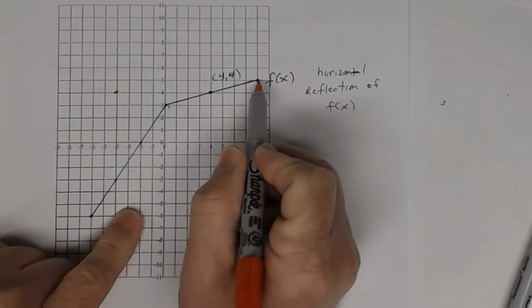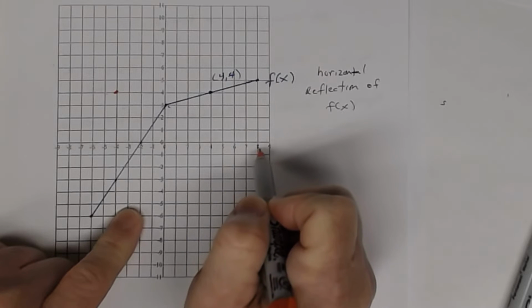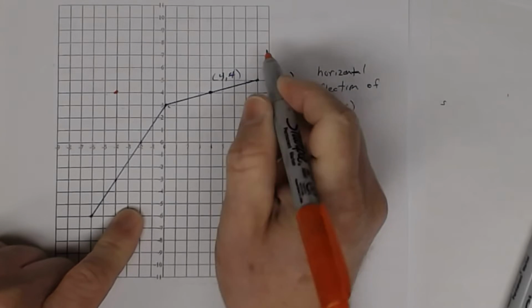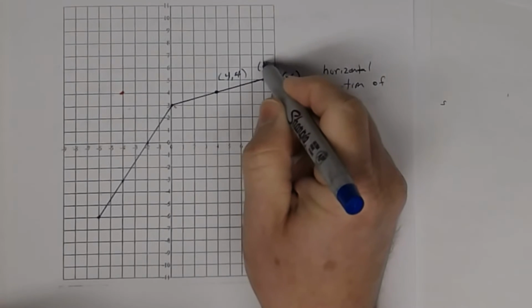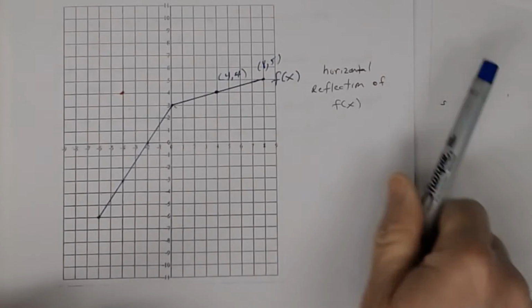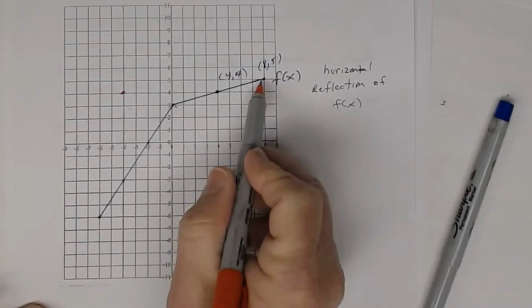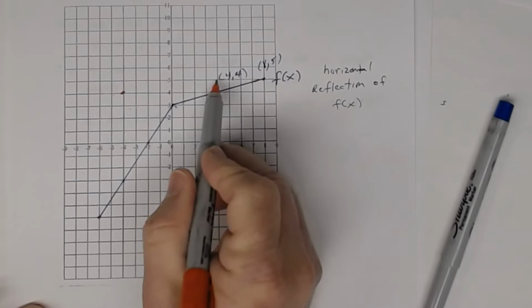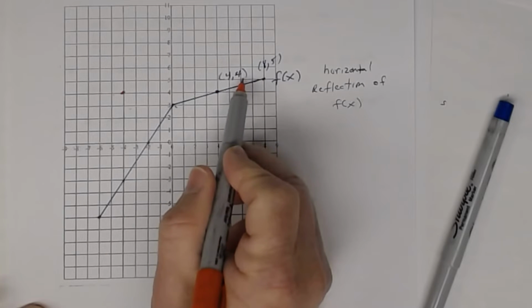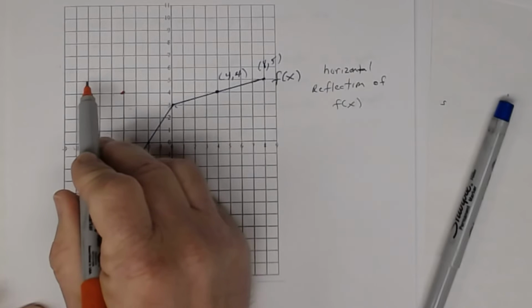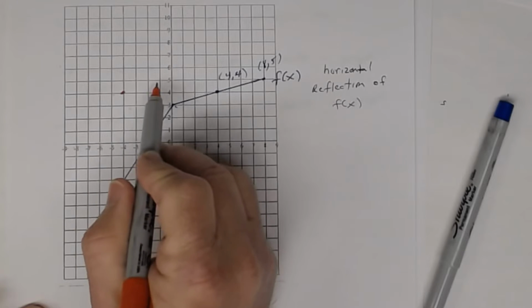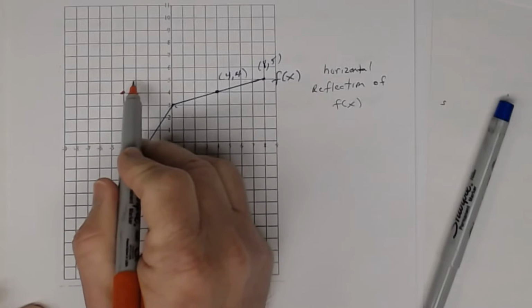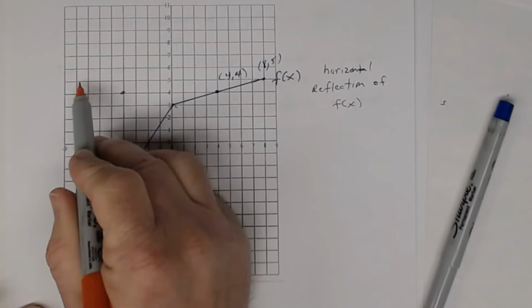This point here, let me use blue, is (8, 5). That is 8 units from the y-axis, so when reflected, this better be 8 units as well. 1, 2, 3, 4, 5, 6, 7, 8.